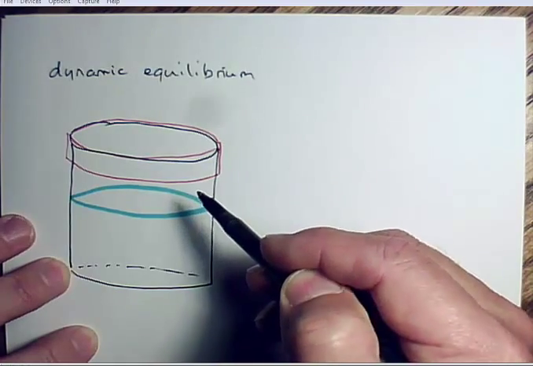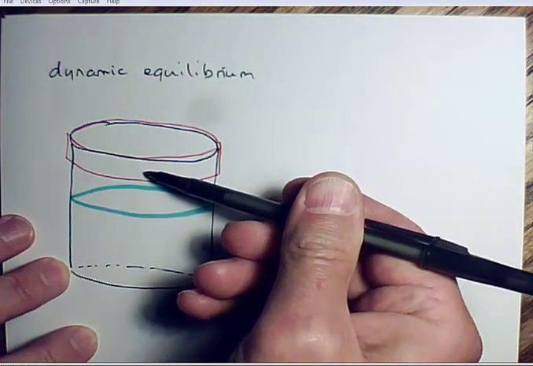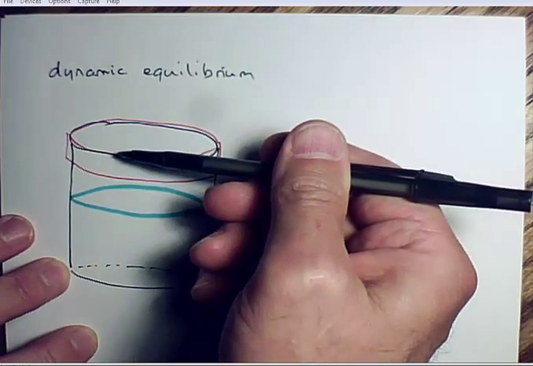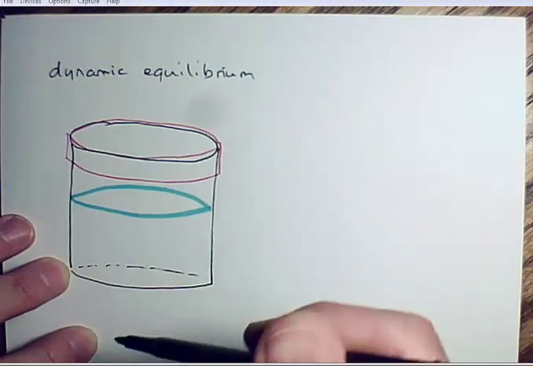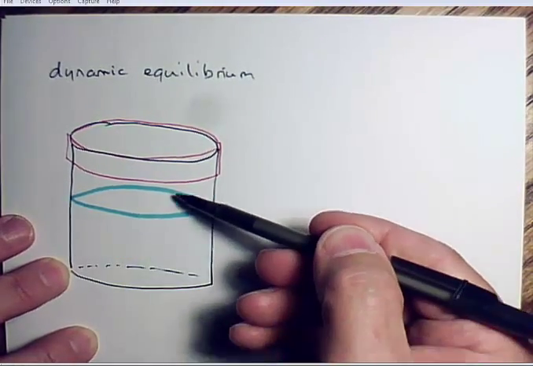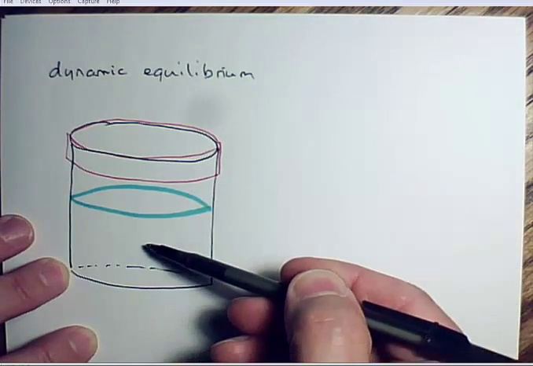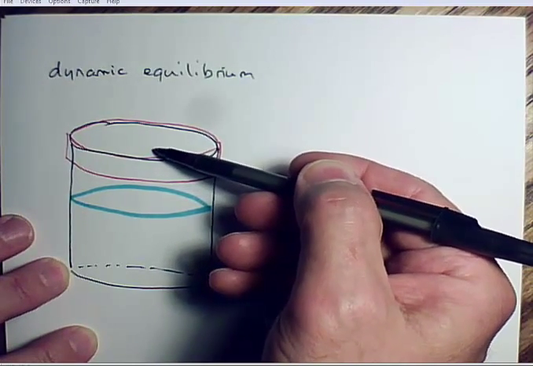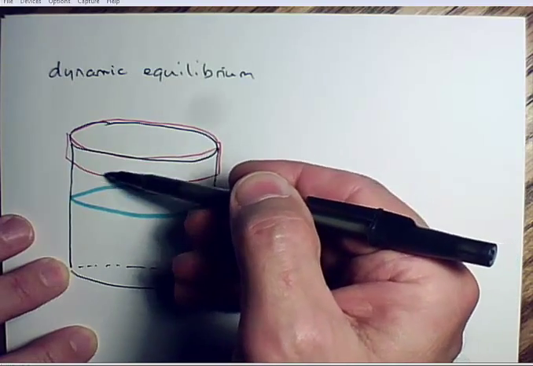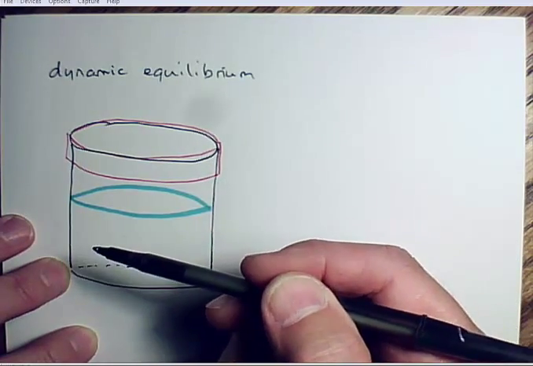Well, if we cap the top of this container, then the water molecules that are escaping can't escape the container. There are also water molecules that are returning back to the liquid state. They're slowing down, hitting the top of the liquid, and rejoining the liquid. So there's a constant movement of water escaping the liquid and becoming gas or vapor, and water returning back to the liquid state.